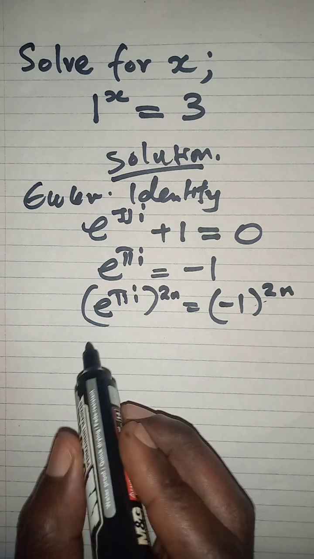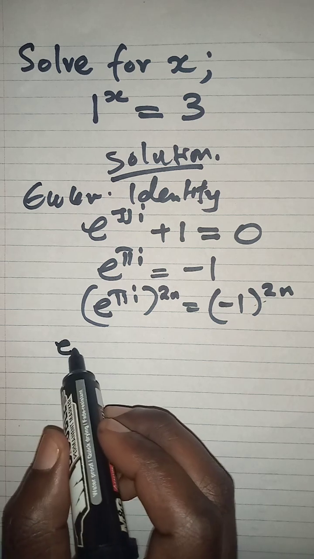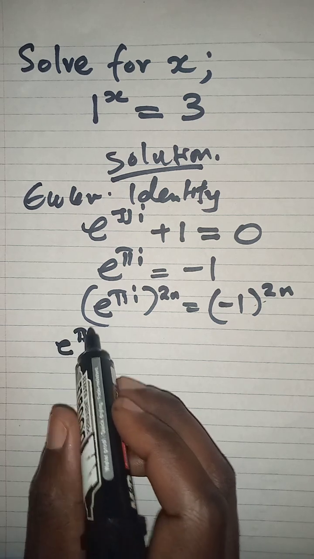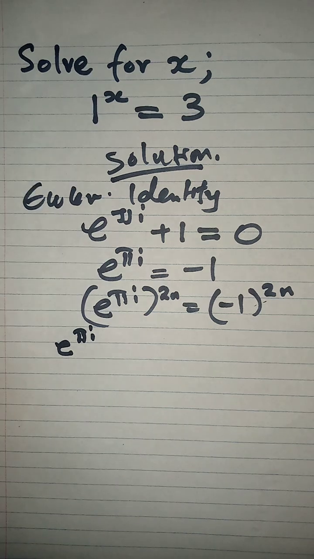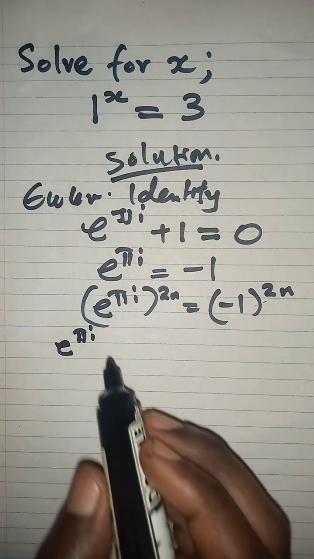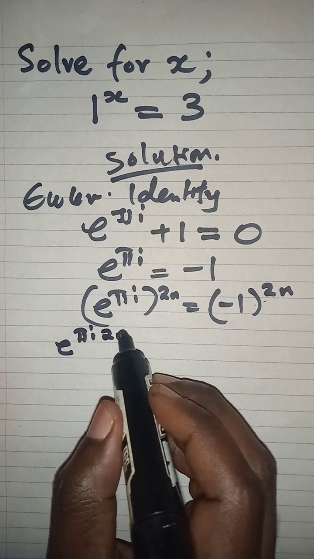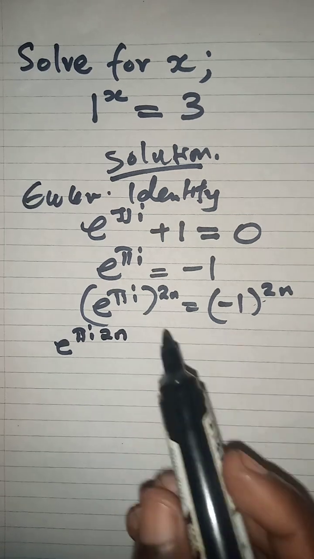On my left hand side, I'm going to have exponential raised to the power i, which is an imaginary number, multiplied by 2n, equal to negative 1 squared, with n outside the bracket.